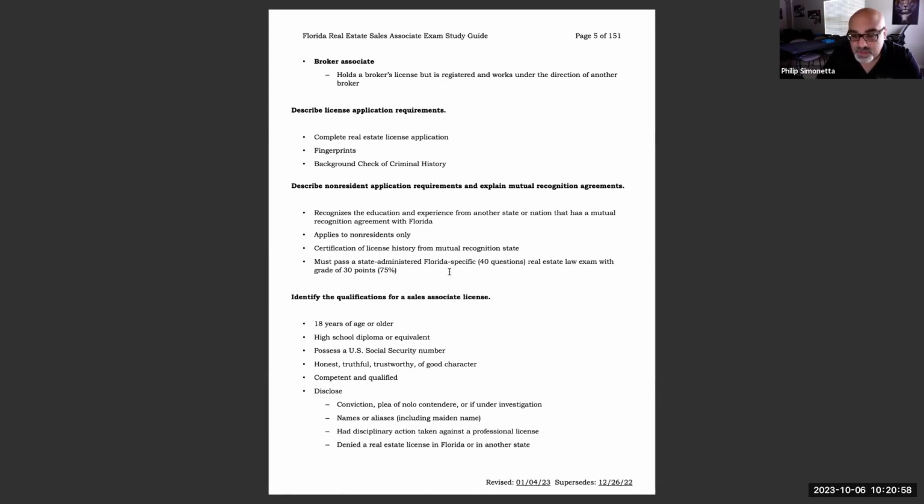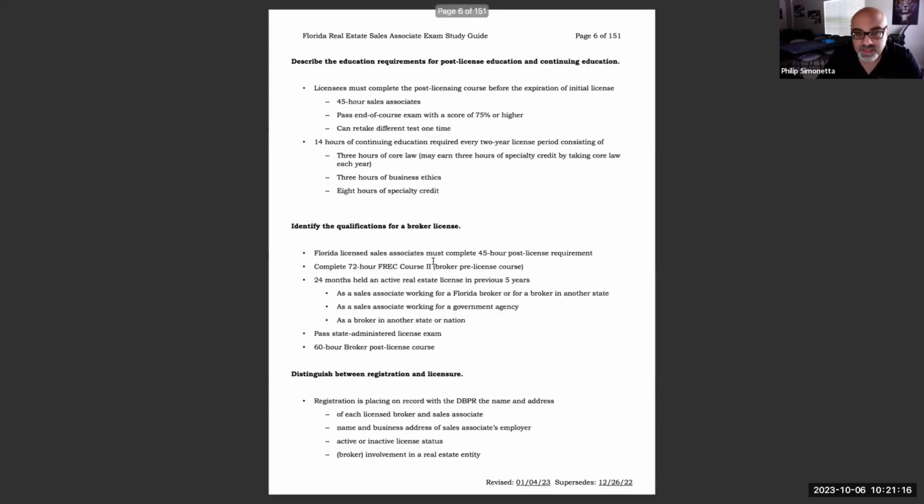And you must disclose if you had any convictions, pleas of no contest, or are under investigation. Any other names or aliases, that includes maiden names before marriage. Any disciplinary action taken against a professional license. If you've ever been denied a real estate license in Florida or any other state. Those things are what you need to qualify.